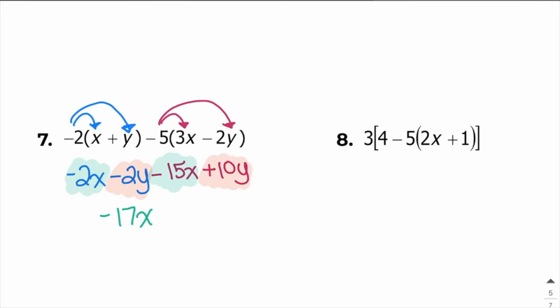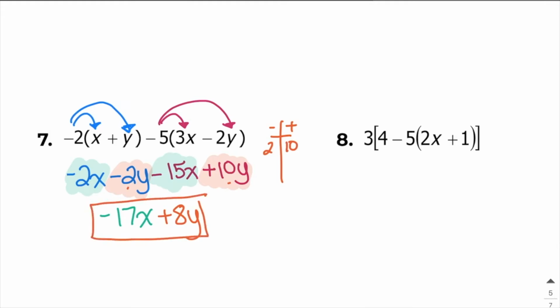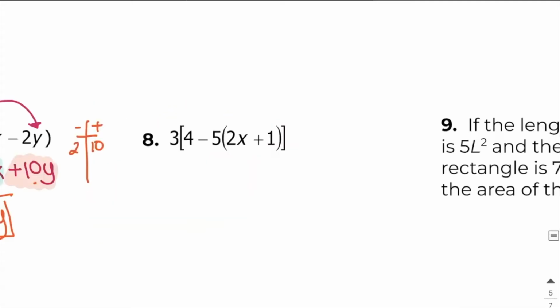So negative 2y plus 10y, when I put those two together, let's do the scoreboard for that. So negative 2 plus 10, team negative won the 2 points, team positive won the 10 points, so team positive won by 8 points, so this is 8y. Now this negative 17x and this 8y have different variables, so they're not like terms, so I am done with this question right here.